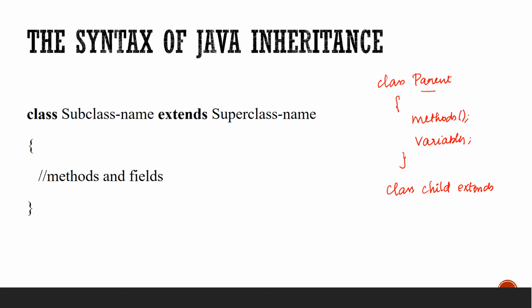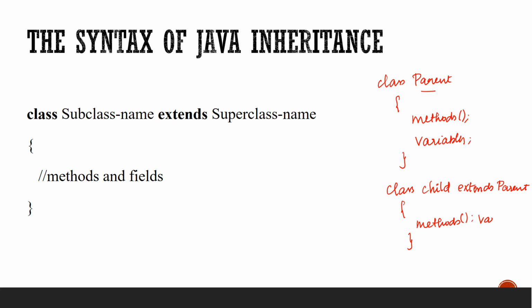The parent class, correct? So after extends you should mention parent. Extends parent, and this child class will acquire the methods and variables of the parent class by using the keyword extends, and it will have its own methods and variables.